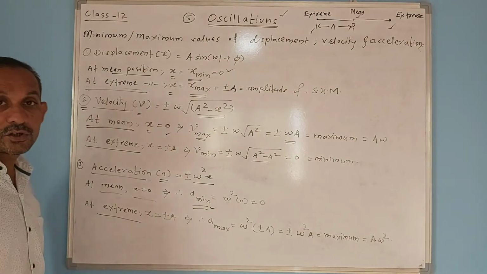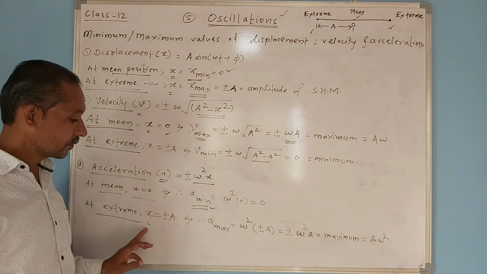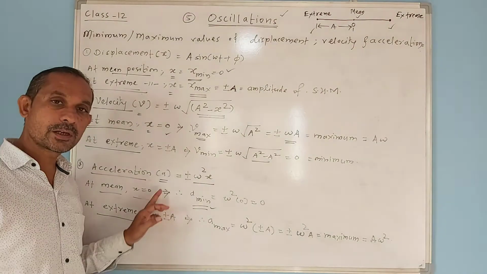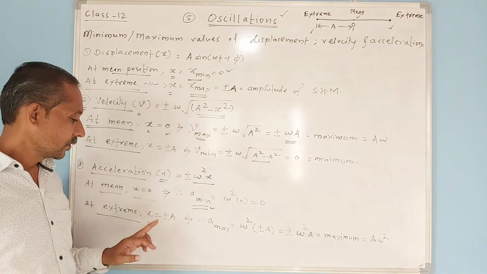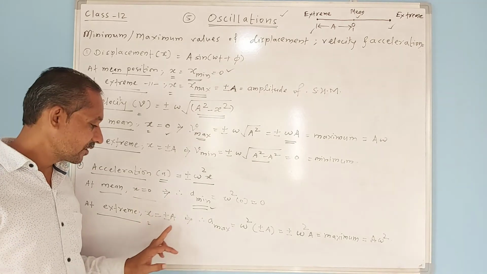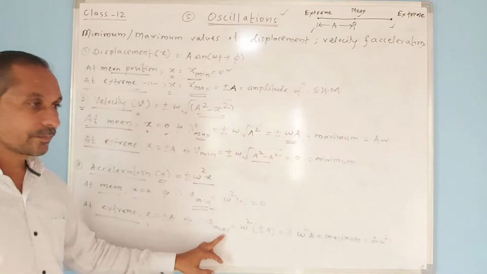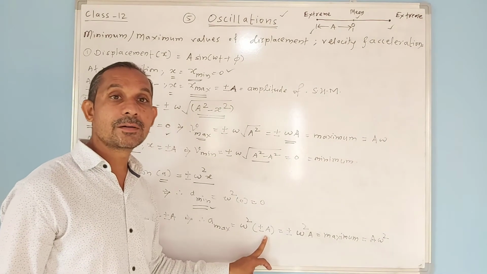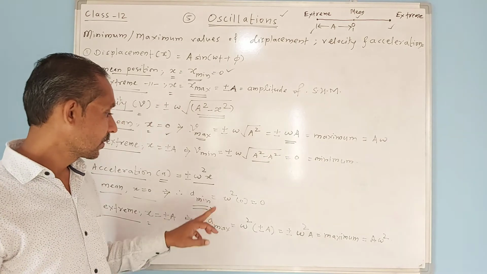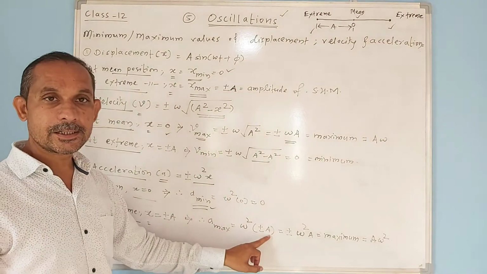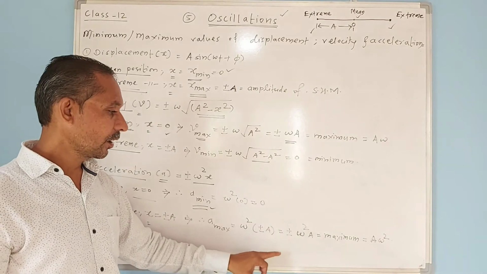At the extreme position, x, the position or displacement, will be maximum, plus or minus a. Consider the value of x equal to a, then we get the maximum acceleration. Omega square x means plus minus omega square a after simplification.